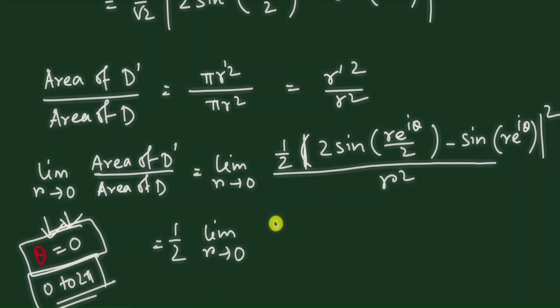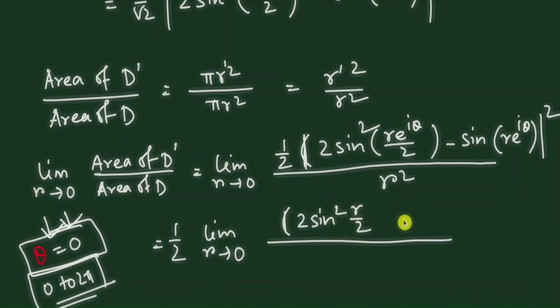There is no problem. So you can write the mod of 2 sine r theta, with theta 0, as 2 sine square r by 2 minus sine r whole square, giving r square.